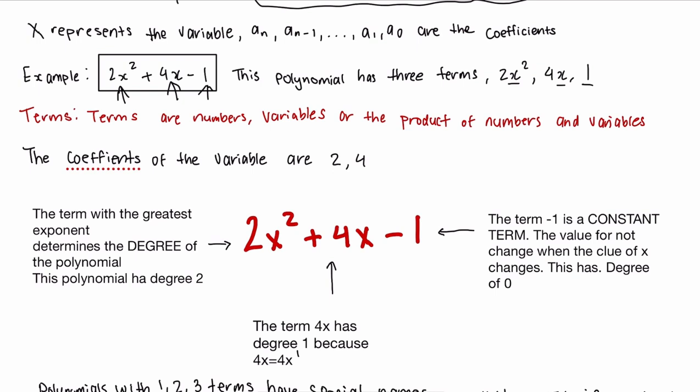However, let's say the example is 2x squared plus 5x squared plus 1. In this case, you would not say that there's three terms. Why? Because this and this are both terms that are the same.